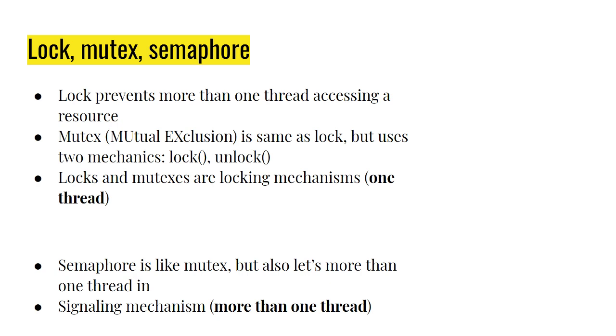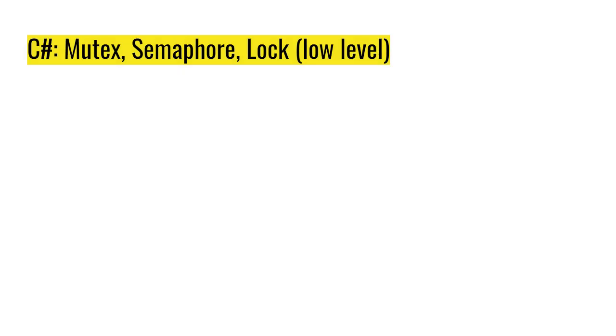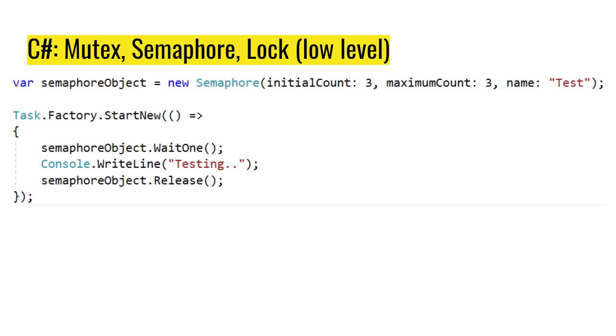Semaphore is basically the same, except that it can let in more than one thread. The only difference is that when we create a semaphore, we specify how many threads can enter a context. So essentially a semaphore which allows only one thread in is very similar to a mutex. So how do we create a semaphore?